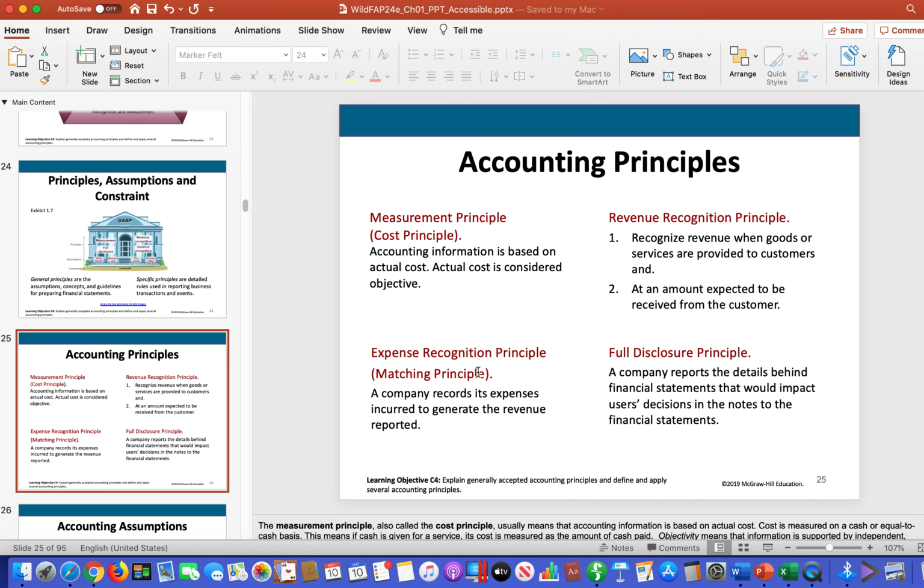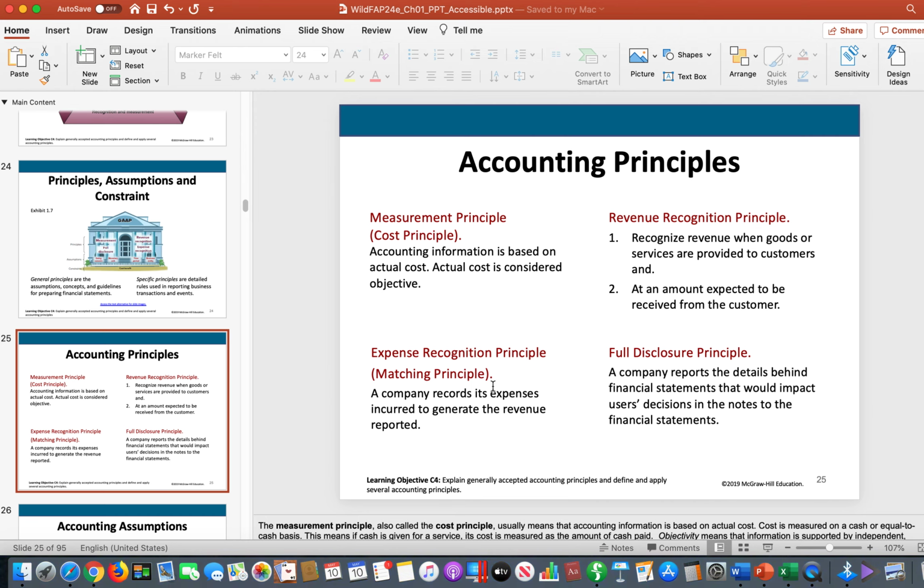You know all the expenses of January. You don't try to carve out some of those expenses in January and push them to February so as to make January look better than it is. So you match revenue with expenses. And you'll see how important that is later on. Very important principle, folks.